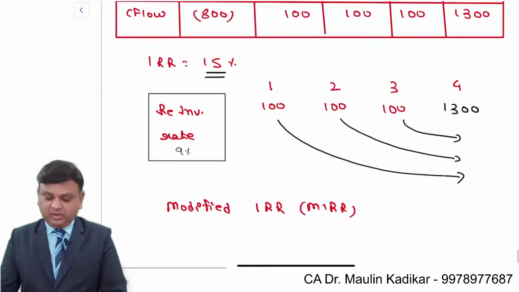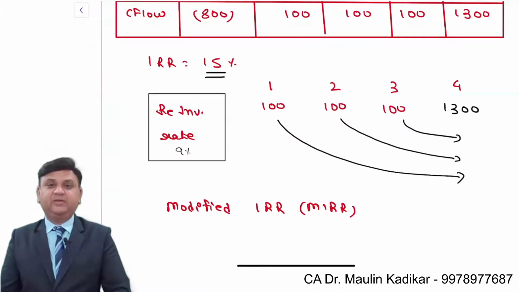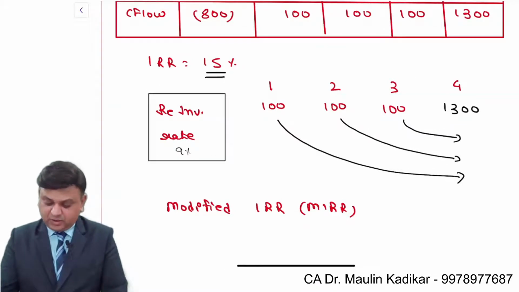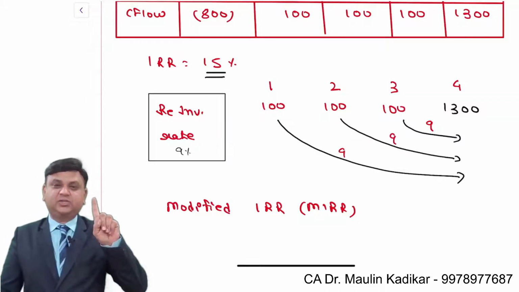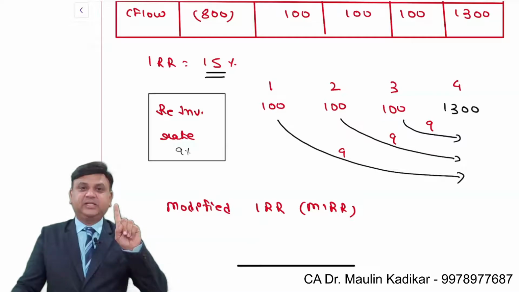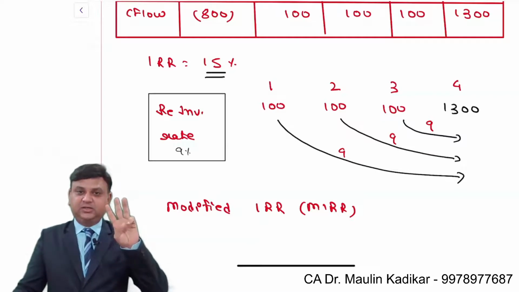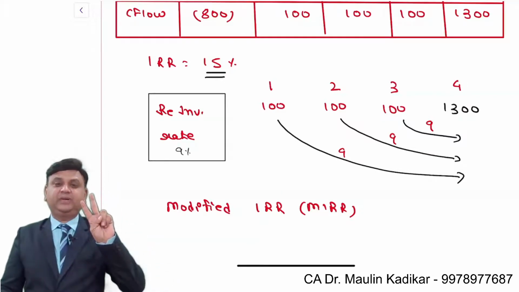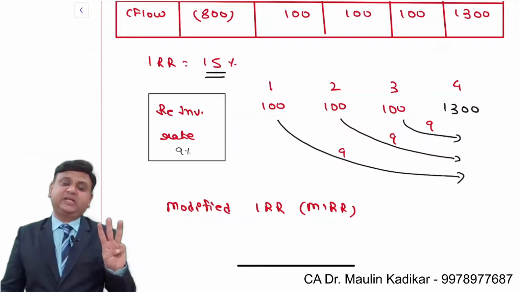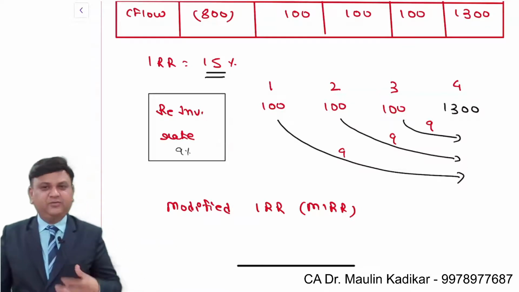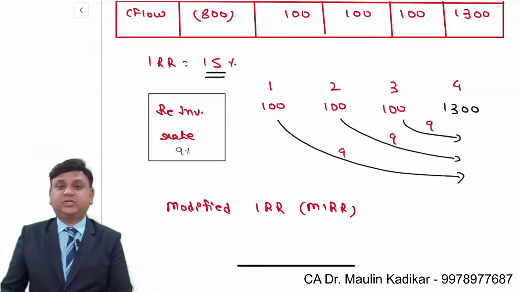So the internal cash accrual will be reinvested at 9% for the remaining time period. First year cash accrual will be reinvested at 9% for 3 years. Second year cash accrual will be reinvested at 9% for 2 years. Third year cash accrual will be reinvested at 9% for 1 year. And the fourth year cash accrual is the fourth year cash accrual itself.